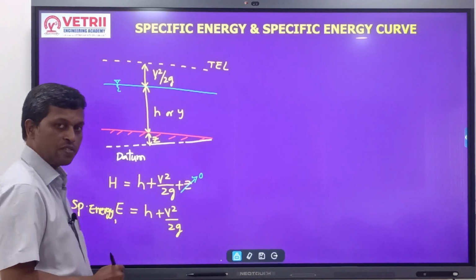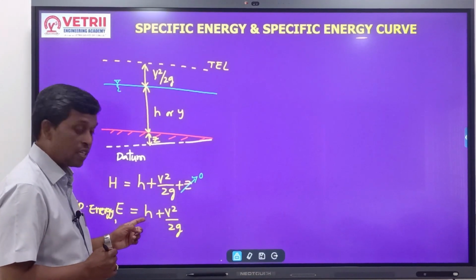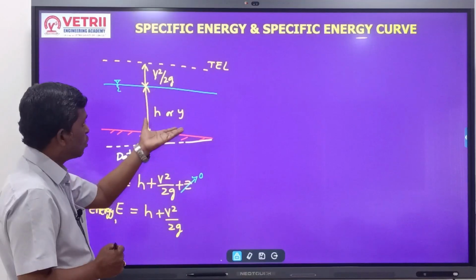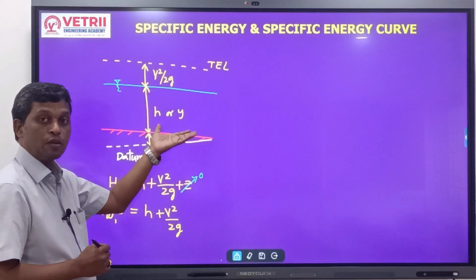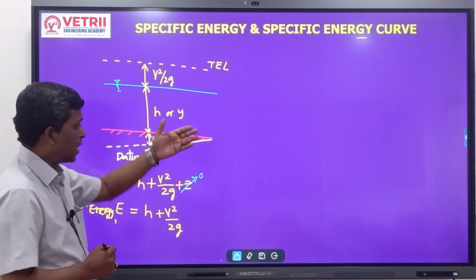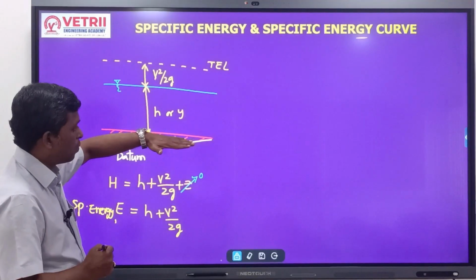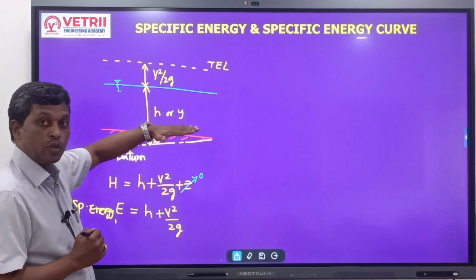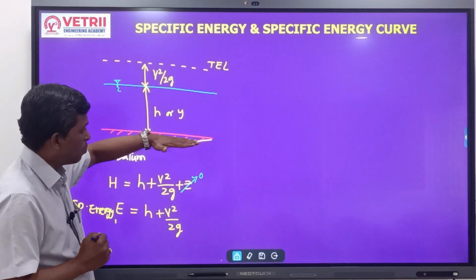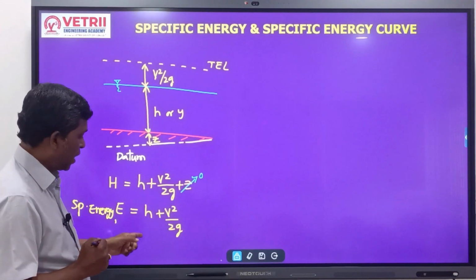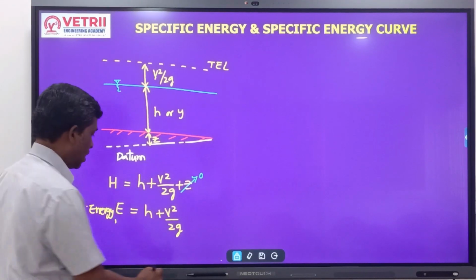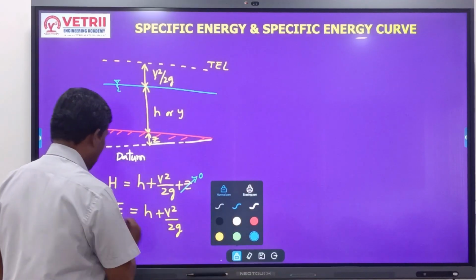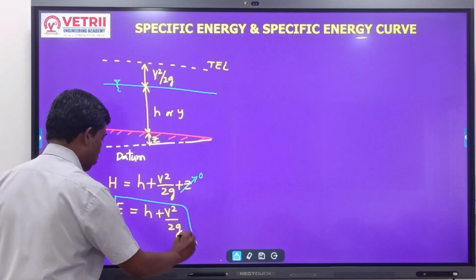So how do we define specific energy? Specific energy is the total energy per unit weight by taking the channel bottom as the datum. This gives us the specific energy E is equal to H plus V square by 2g.